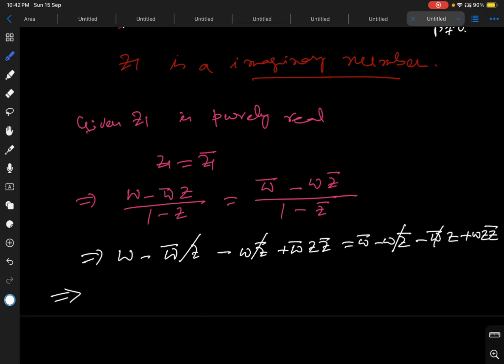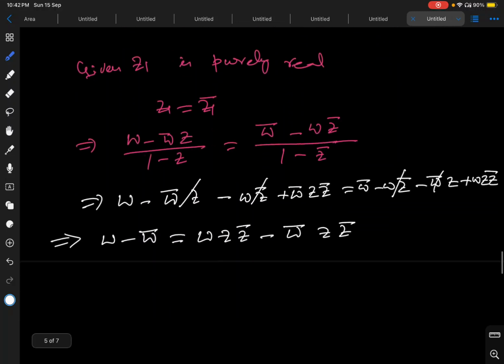Now we can write omega minus omega bar equals omega z z bar minus omega bar z z bar.